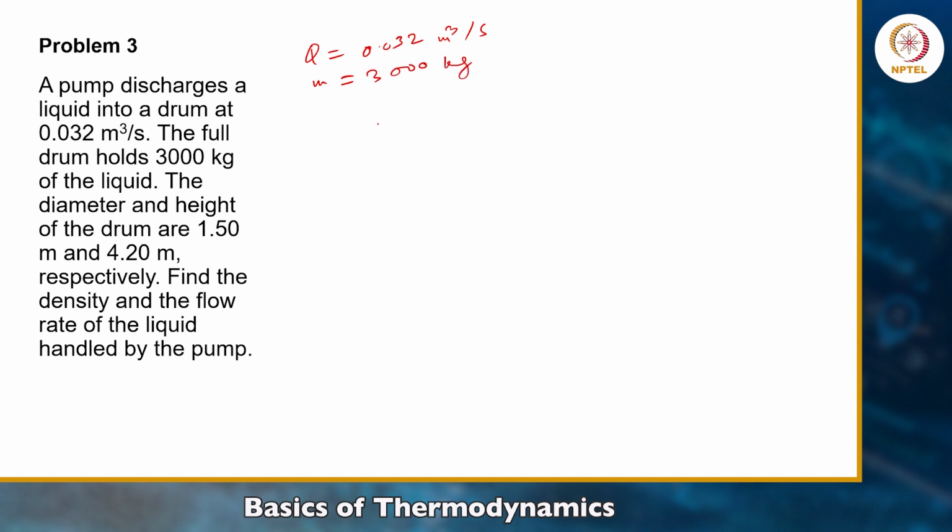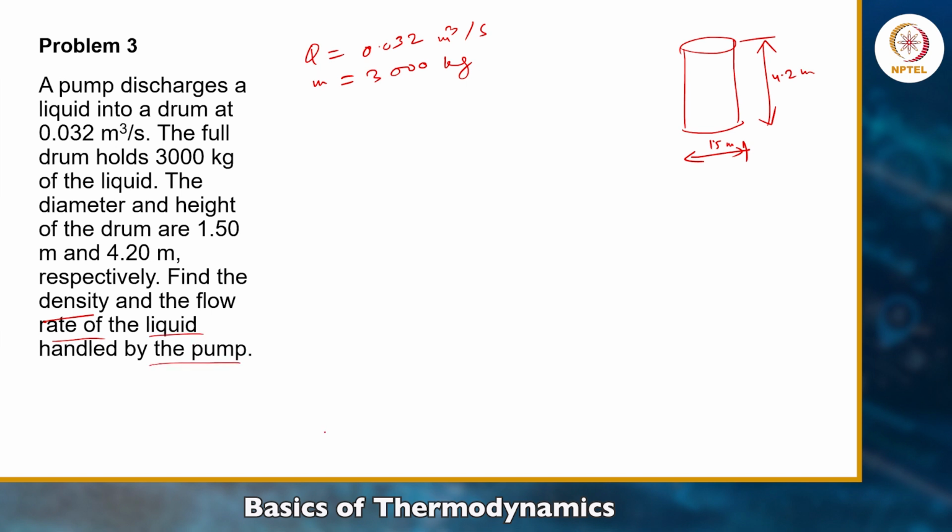The diameter of the drum is given 1.5 meter and the height is given 4.2 meter. Find density and flow rate of liquid handled by the pump.